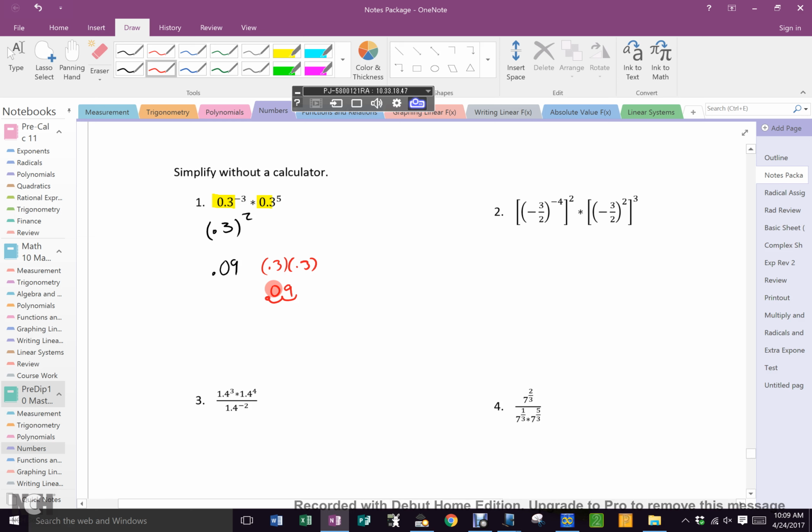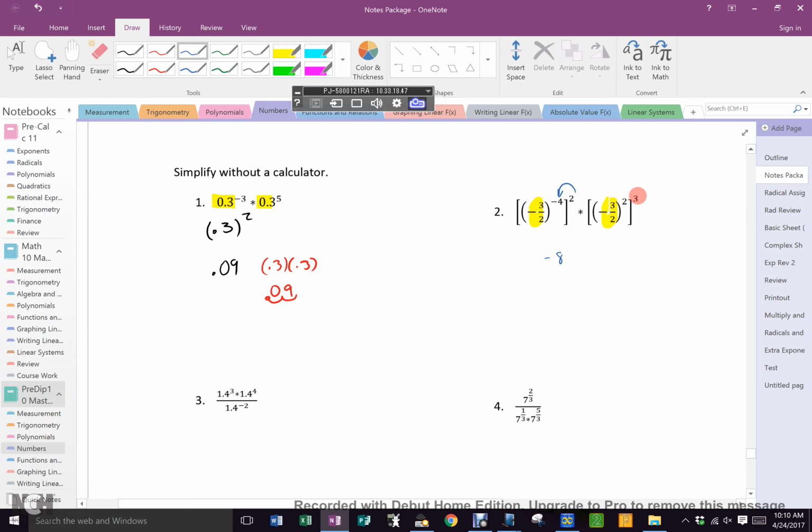Holy Toledo, 2 looks deadly until you stop for 1 second and notice what? The bases are the same. So the laws all apply, don't they? What law happens here? So what is my exponent here going to be?